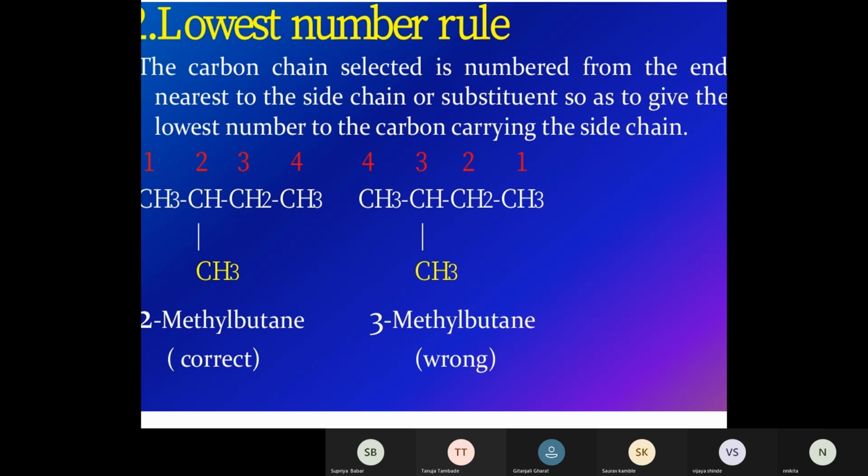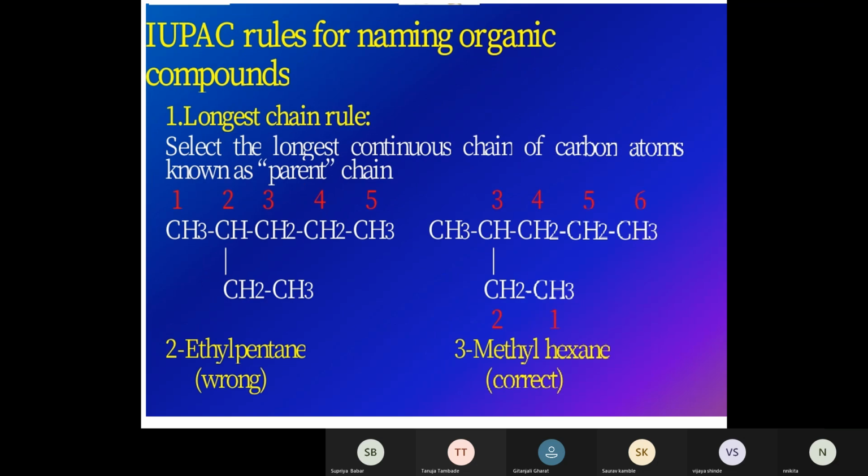We start the numbering from the end which is nearest to the side chain or substituent, so as to give the lowest number to the carbon carrying the side chain. See here in the previous example, the numbering starts from CH3, CH2, CH. So the methyl group is attached to the third carbon.